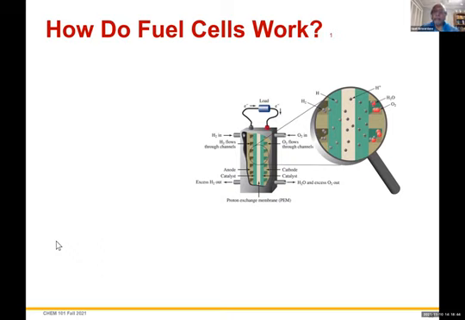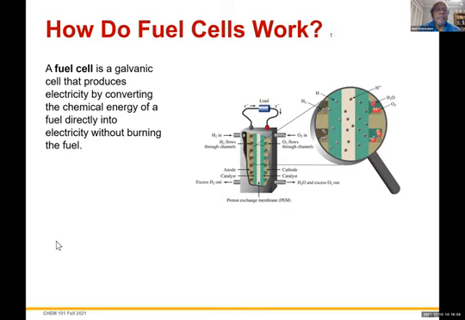Now, let me talk about another development that's taking place in the world. There's a cell called a fuel cell. It's a galvanic cell that converts chemical energy directly into electricity without burning the fuel.